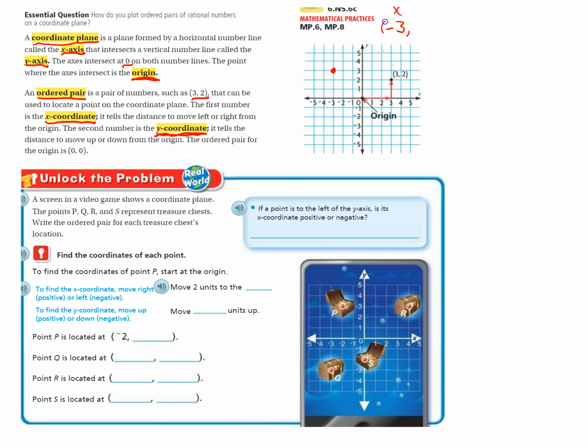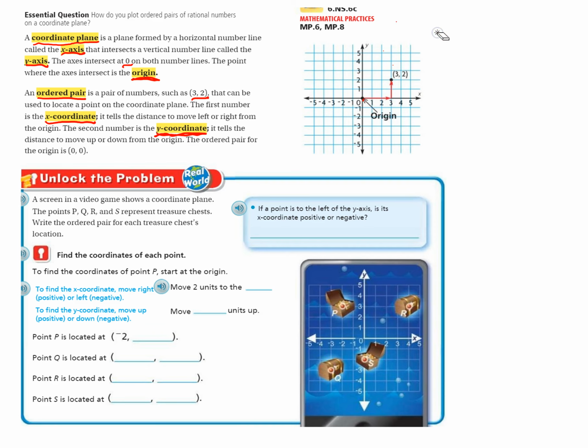Remember, x is always first in our ordered pair. And on the y-axis, I have to move up 1, 2, 3, and that's positive 3. So this point is located at negative 3 on the x-axis and 3 on the y-axis. So the ordered pair would be negative 3, comma 3.